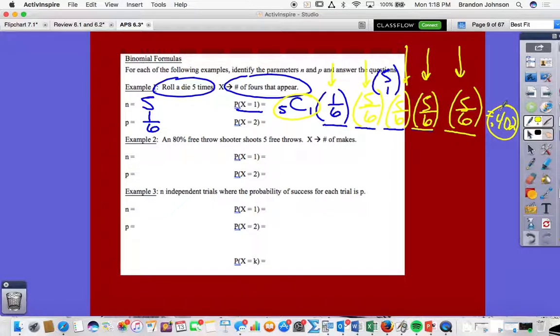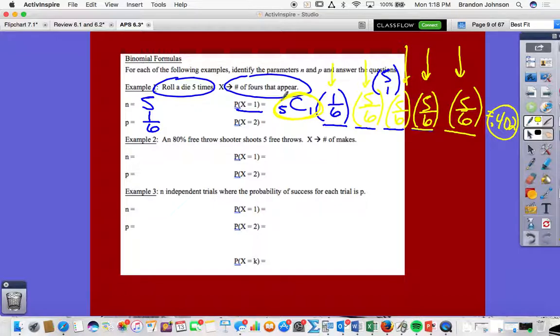If you threw 5C1 on your calculator, you would get all the different combinations of rolling a 4 out of 5 specific trials. Got me? This right here is just saying that this is one combination.